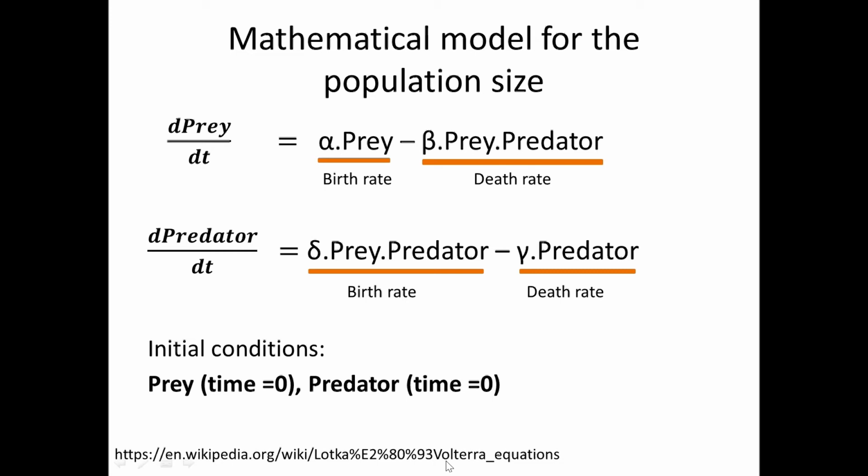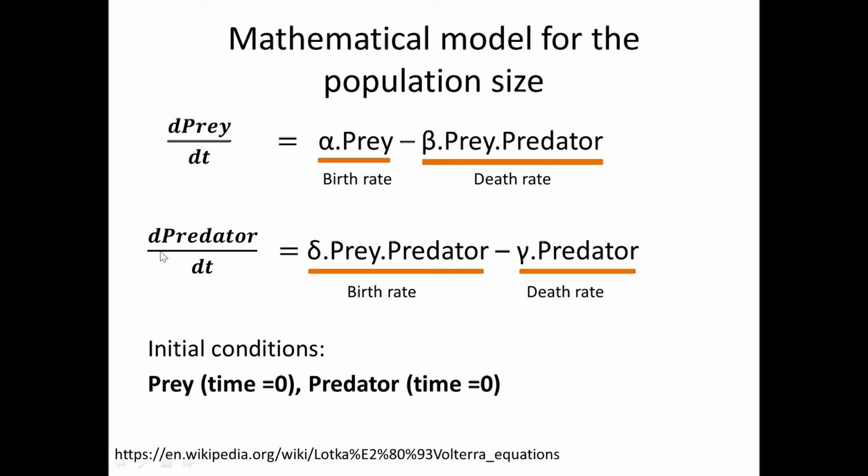is shown below. Okay, so the rate of change of the prey is proportional to its birth rate minus the death rate. Here alpha and beta are the rates at which the prey population is growing and the prey population is dying because of the interaction between the predator and prey.